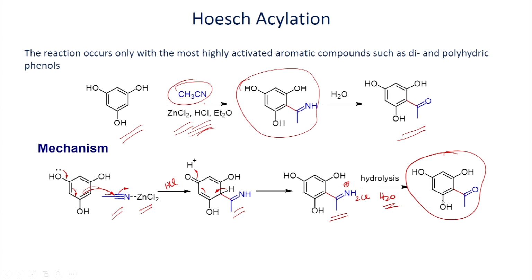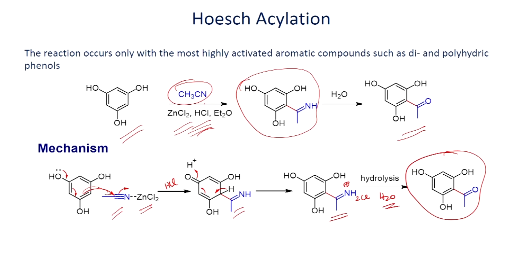So, if you compare all these reactions, the first one involves the combination of carbon monoxide and hydrochloric acid. The second example, the Gattermann reaction, involves hydrogen cyanide with hydrochloric acid and Lewis acid. This Hoesch acylation involves the reaction of acetonitrile with polyhydric phenols in the presence of zinc chloride and hydrochloric acid to give this ketone as the product.